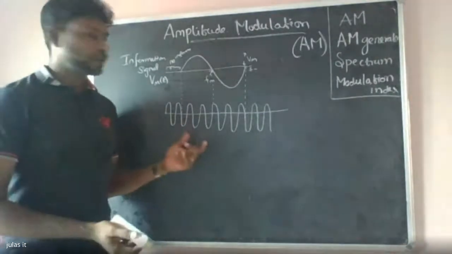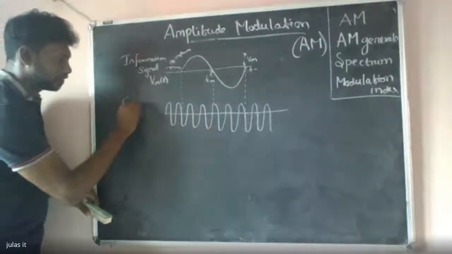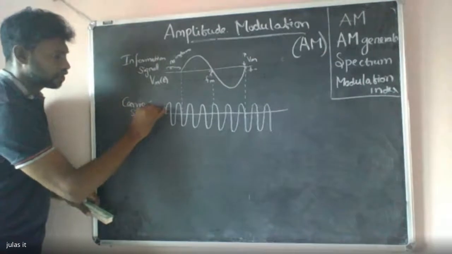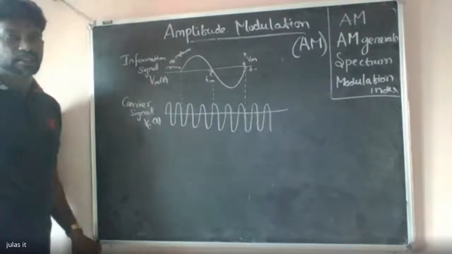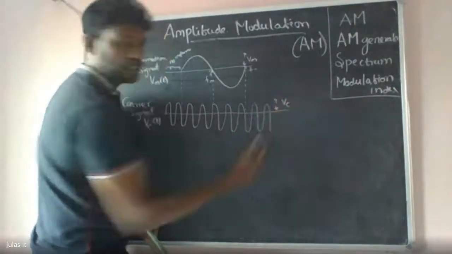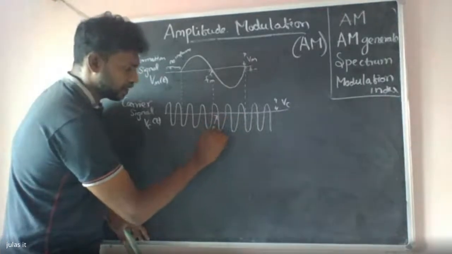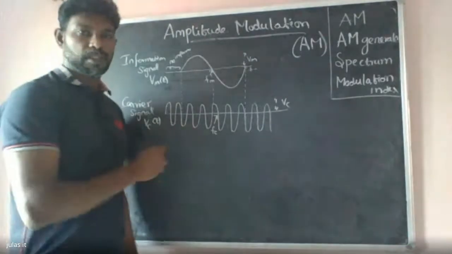So the second one I have drawn is the carrier signal. So what is the carrier signal? Vc of t, right? Where the amplitude of the signal is given as Vc. The frequency component present in the signal is Fc. I hope you will be able to understand.